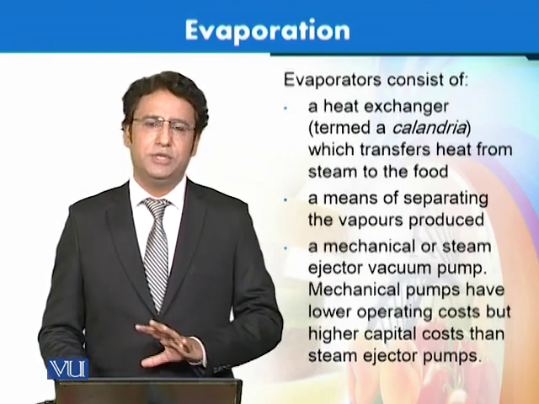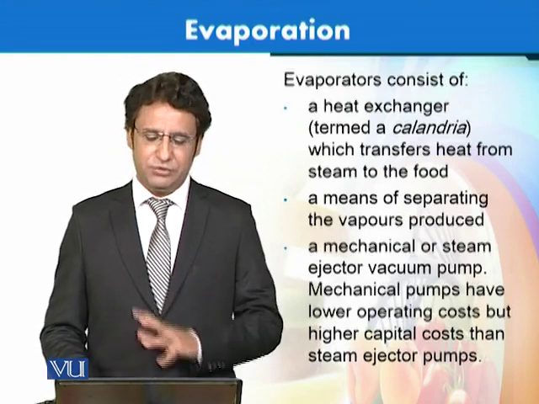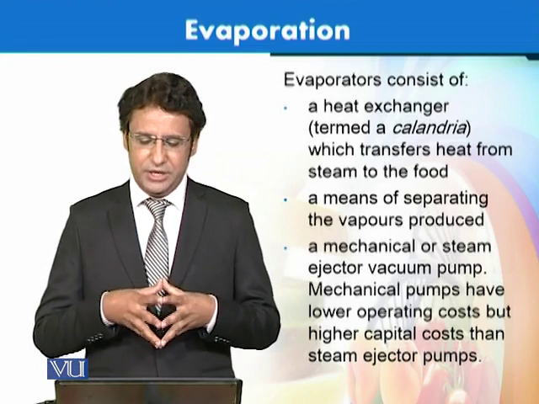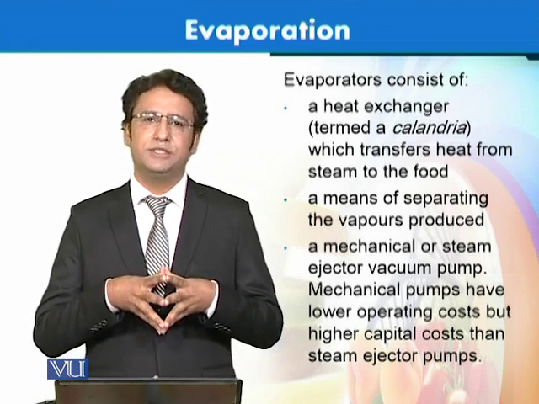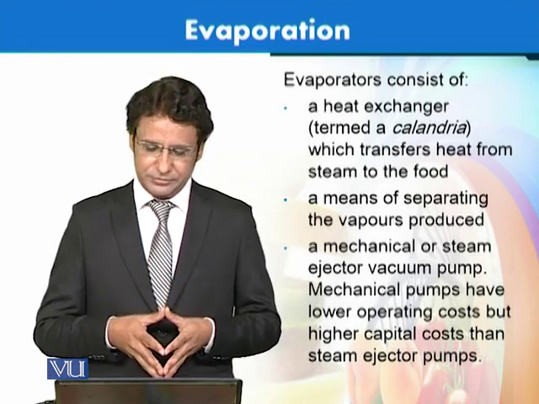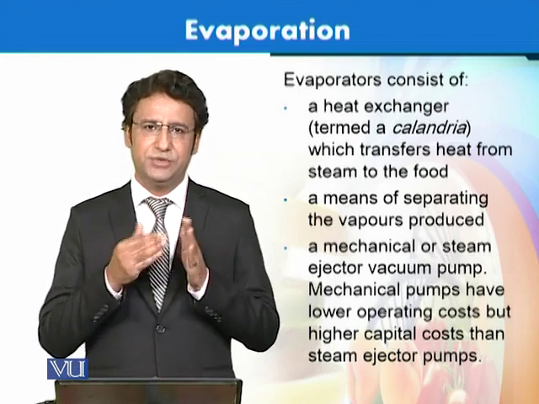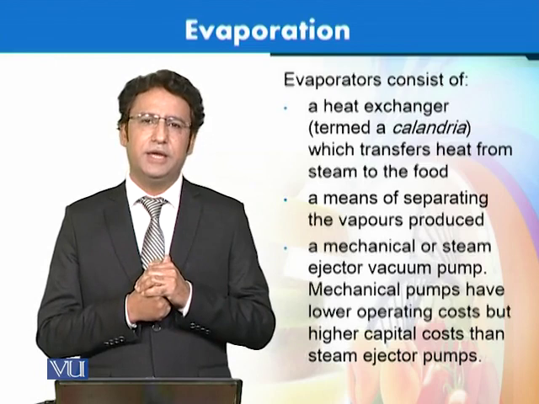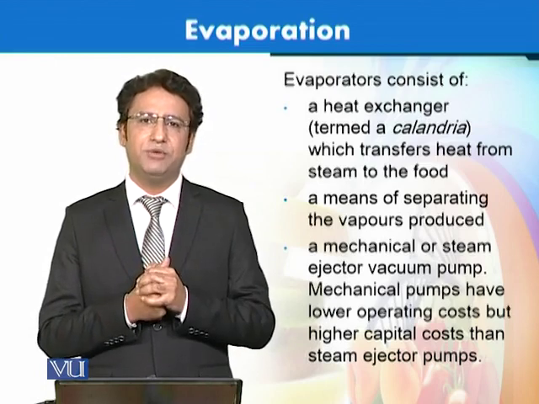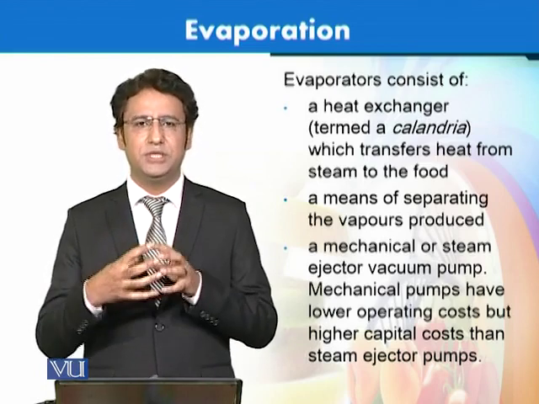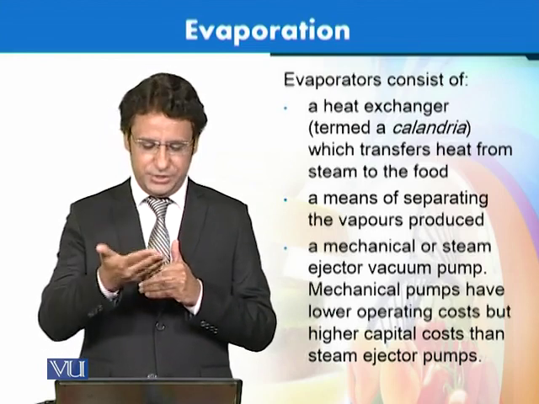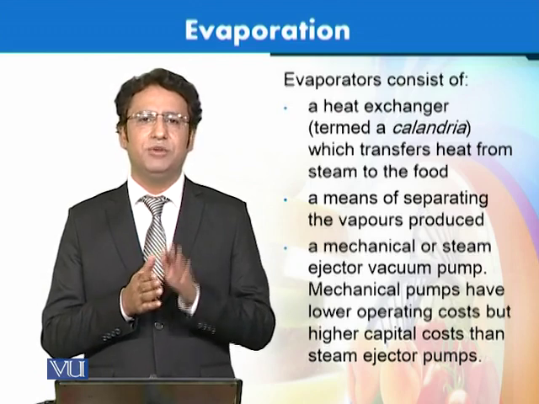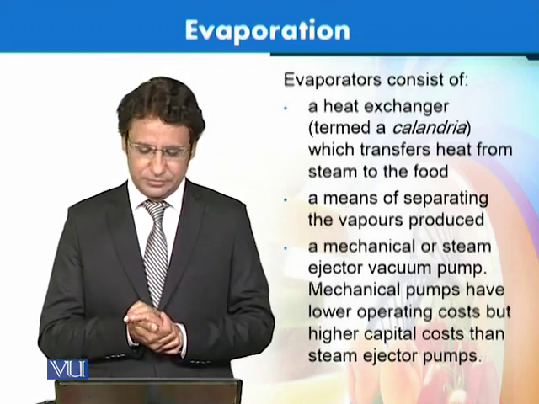If we talk about the structure of evaporators, normally all of them have a heat exchanger medium, technically called the calandria, which transfers heat from steam into the food. Then there has to be another component for removing the vapors that food produces when heated, from the surface of the food.